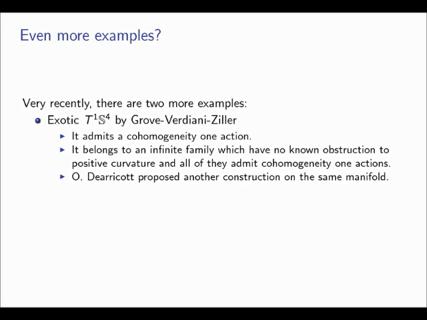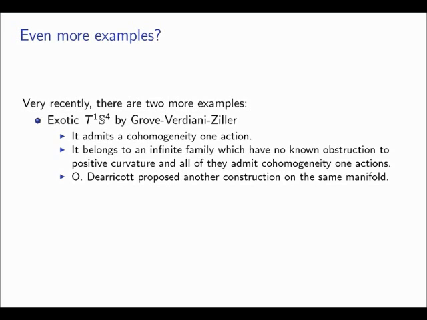So this is the exotic T1, and it has cohomogeneity 1. We look at some properties for this metric. It has positive sectional curvature, and it also has a cohomogeneity 1 action.